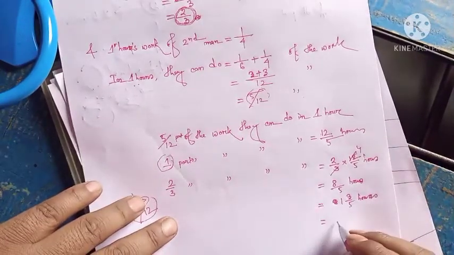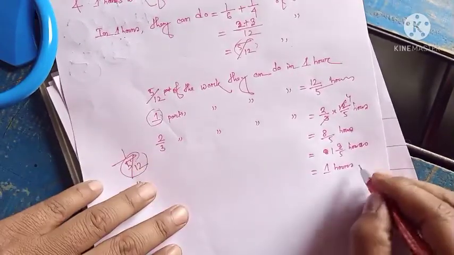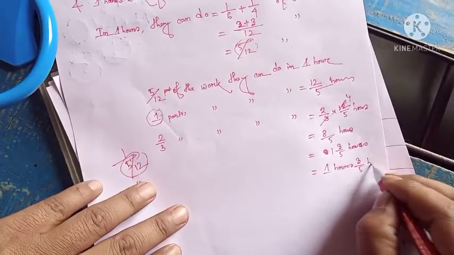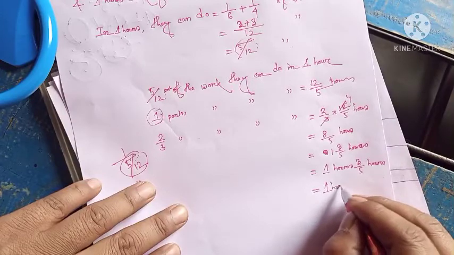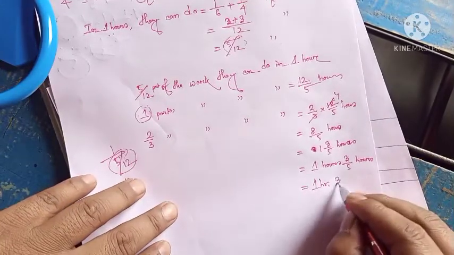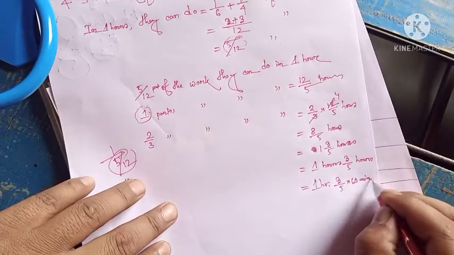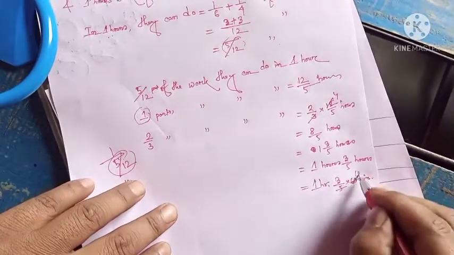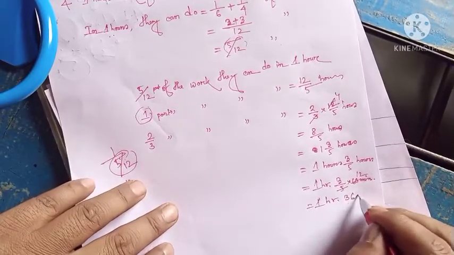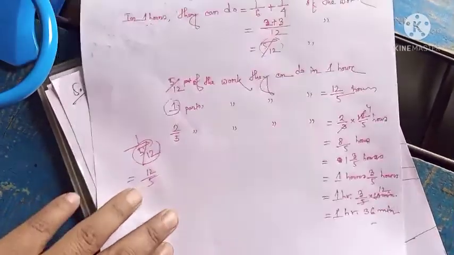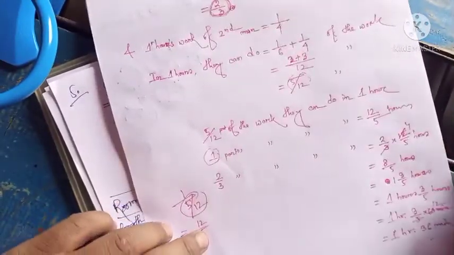So 1 hour and 3 by 5 hours. 3 by 5 into 60 minutes, that means 1 hour 36 minutes. So therefore the required time is 1 hour 36 minutes.